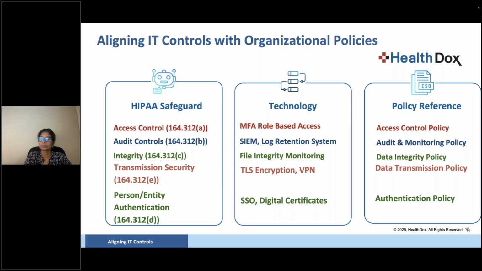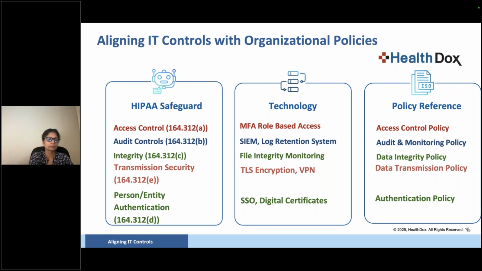Only this way can staff understand not just how to use those technical controls, but why those technical controls exist. When the staff understand why these exist, then only can it be implemented promptly by the staff, right? So the key is every safeguard must tie back to a written policy.